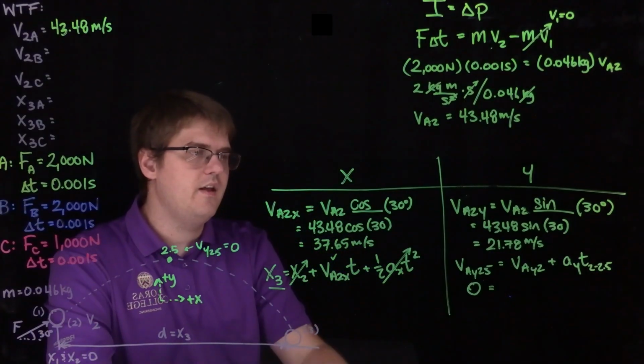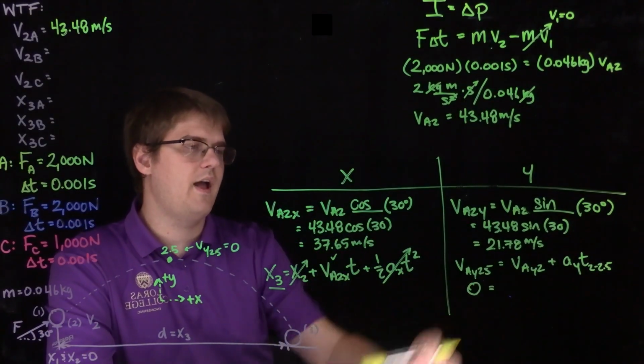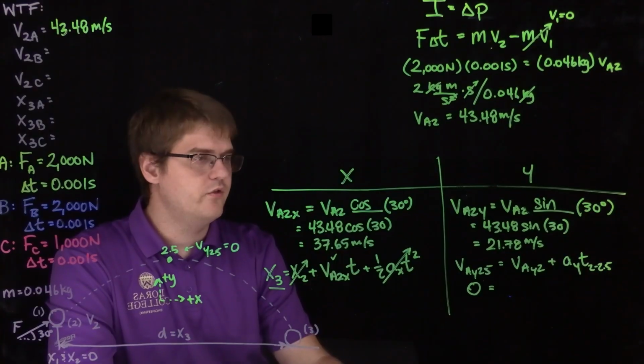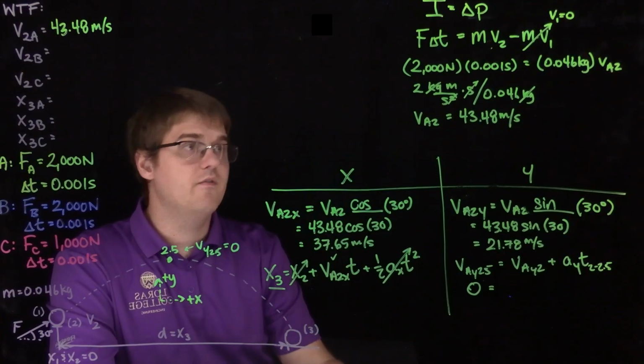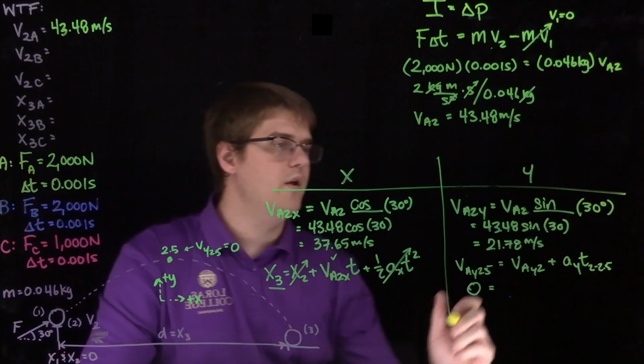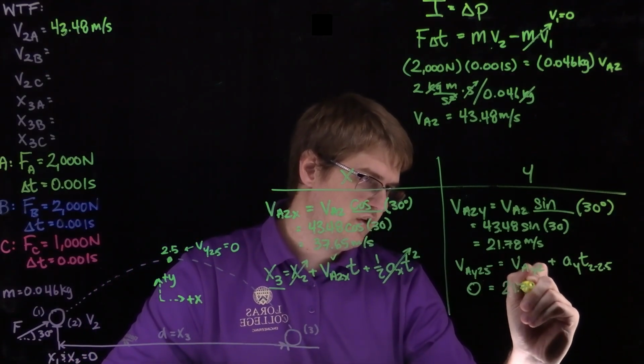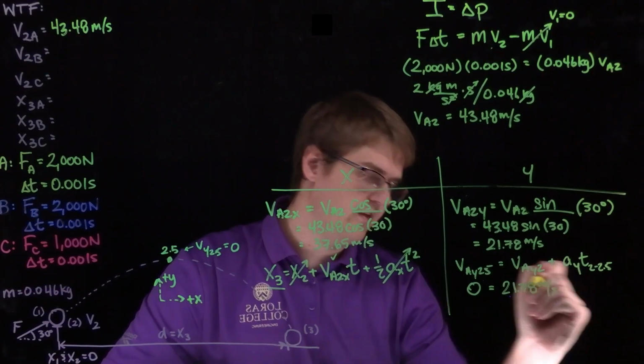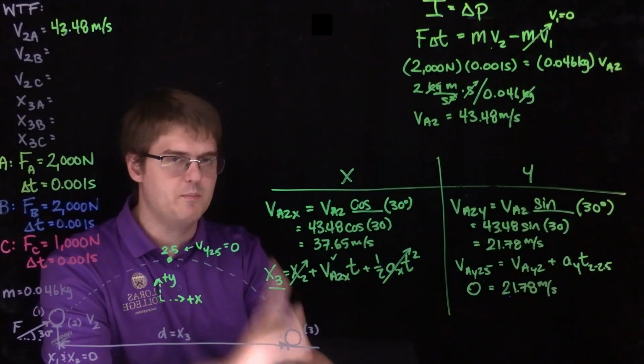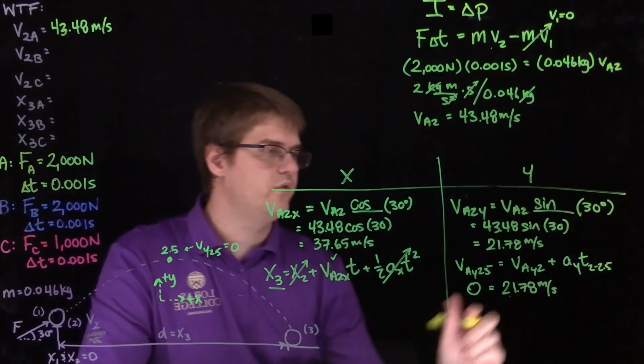Velocity at A in the y at time 2 is going to be a value of 21.78 meters per second. And that is positive because it is going upwards. Positive y is upwards.